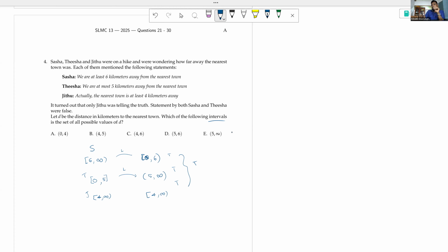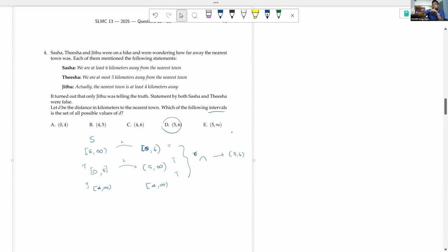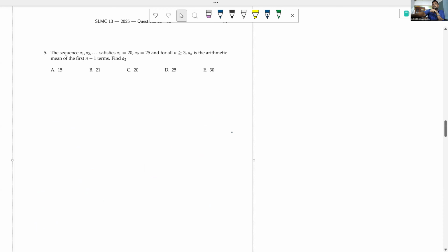That would be the intersection of all these three intervals. And you can see that would be the interval 5 to 6. So this question you can keep intact, even if Jitu didn't say anything, the same answer will be valid.